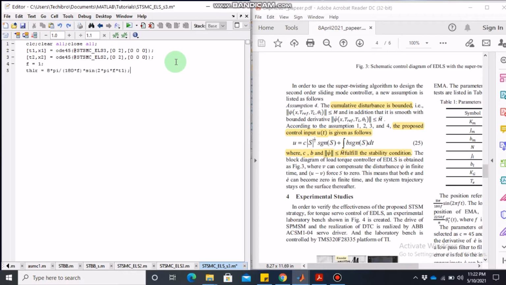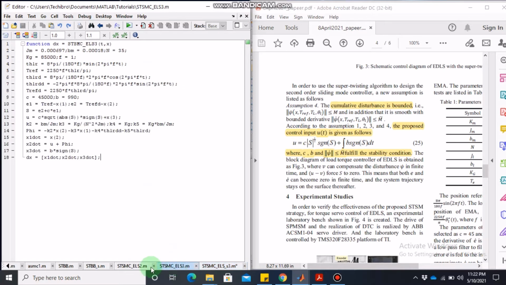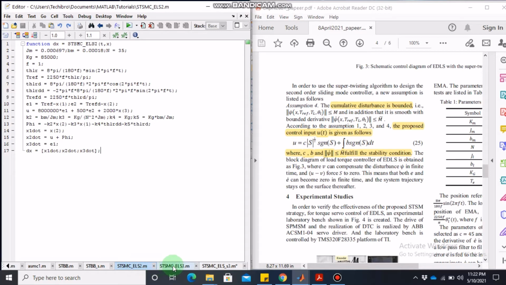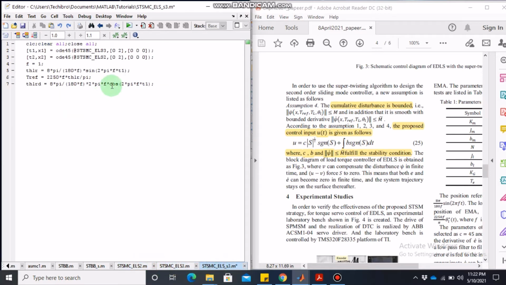I have to define this theta L reference because I need to compare the reference value with the actual value. So tau reference, this is the same code that we have written in both of these files, except that here this is T1. This T1 will no longer be a scalar value.